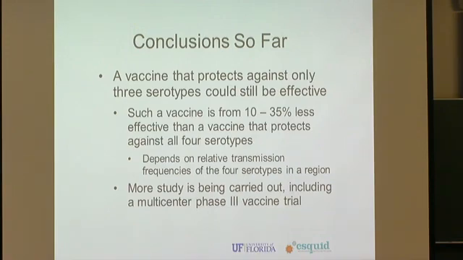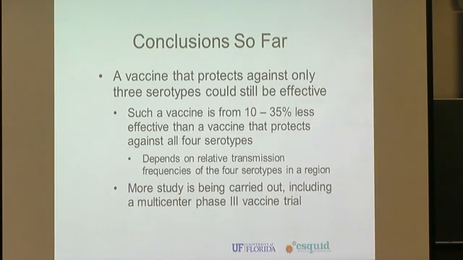And the basic idea is more studies, both mathematical and in the field, and vaccine studies need to be carried out. And right now, there's a multi-center, large-scale, real phase 3 trial in the field with all 4 serotypes in Latin America and Southeast Asia. And we'll have those results by the fourth quarter of 2014.